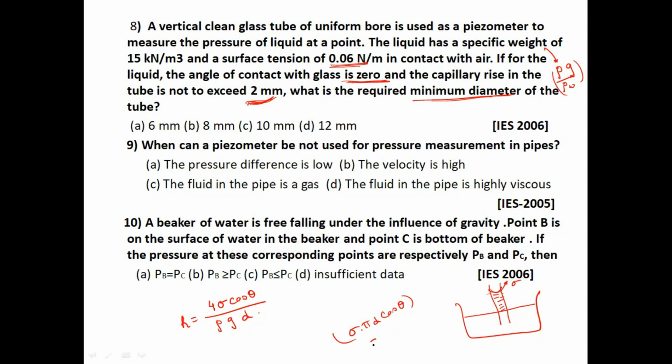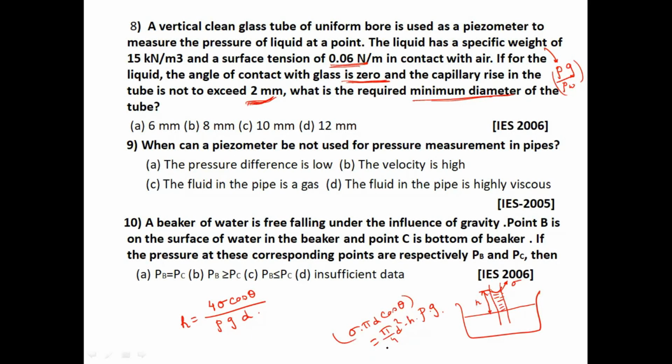This upward force is able to hold this water column height. The weight of the water column is pi by 4 d square into height into rho g.